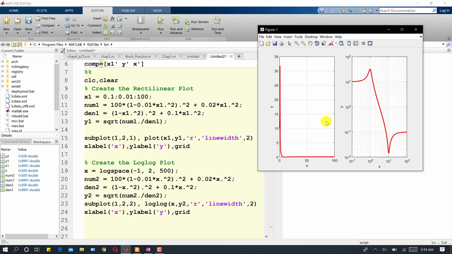So it was difficult to identify. In order to identify the small, minute features of a given data, we use the logspace function and then a log plot. This is how we use logarithmic plots.